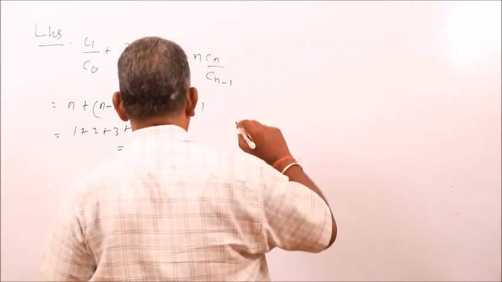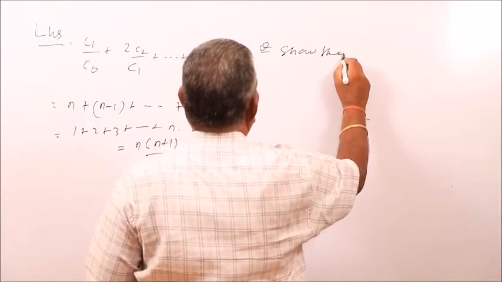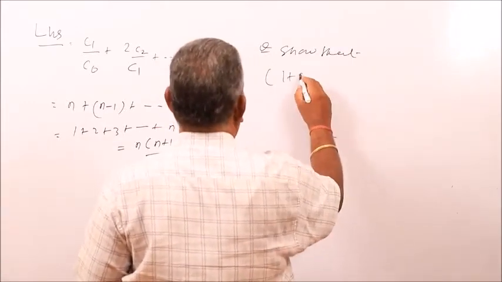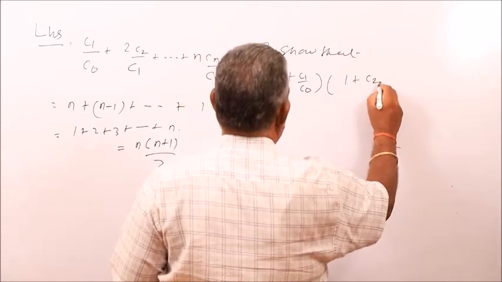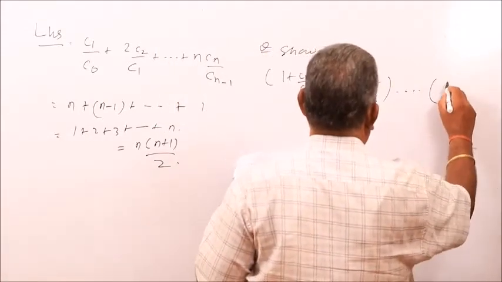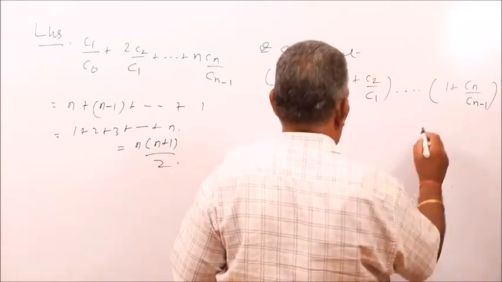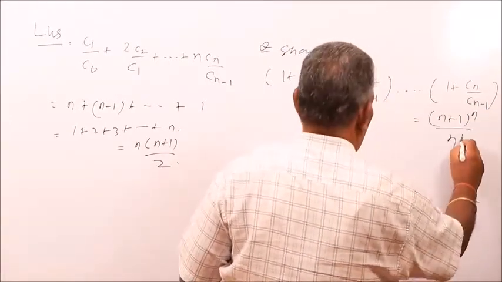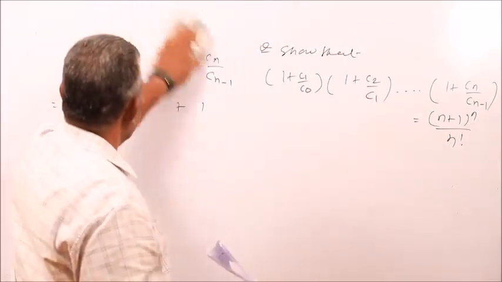Next, show that 1 plus C1 by C0 into 1 plus C2 by C1 dot dot 1 plus Cn by Cn minus 1 equals n plus 1 whole to the power n by n factorial. So let us start from the general term.